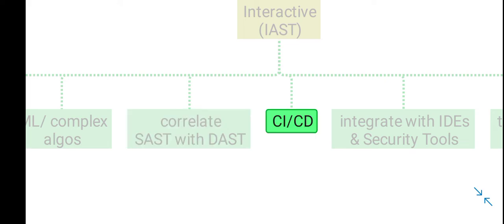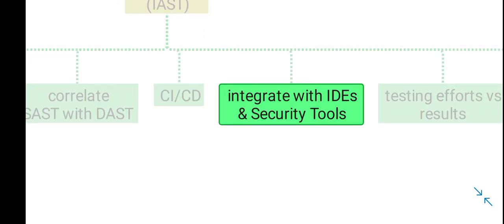Furthermore, it can be integrated automatically into continuous integration and continuous delivery pipeline tools, in a way that it can be integrated with integrated development environments in which you are developing the application, and also the security tools.